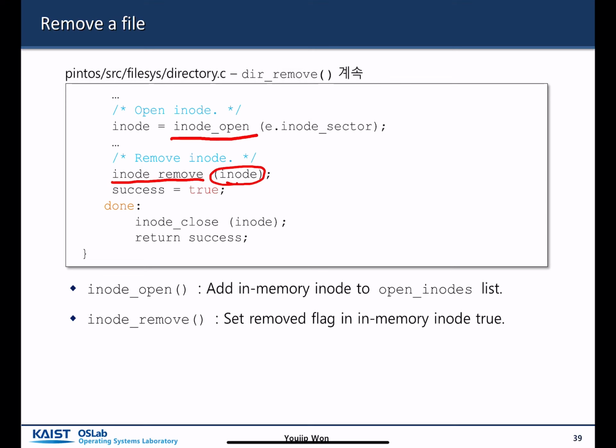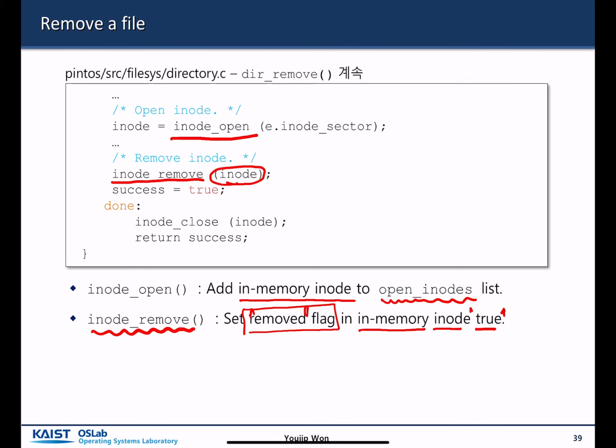So in inode_open, the in-memory inode is added to the open inodes list, and then inode_remove is called. In inode_remove, the most important part is that it sets the removed flag in the in-memory inode to true. Okay, that's it. It does not do anything other than setting the removed flag of the inode to true. Nothing more than that.